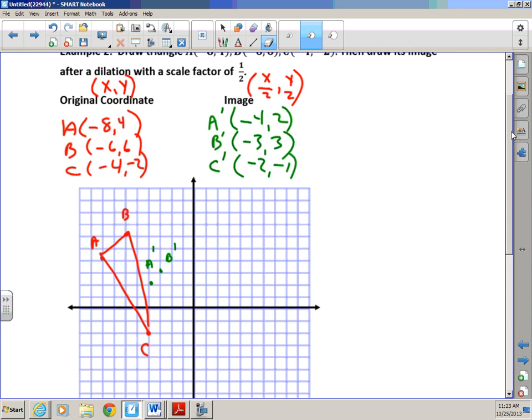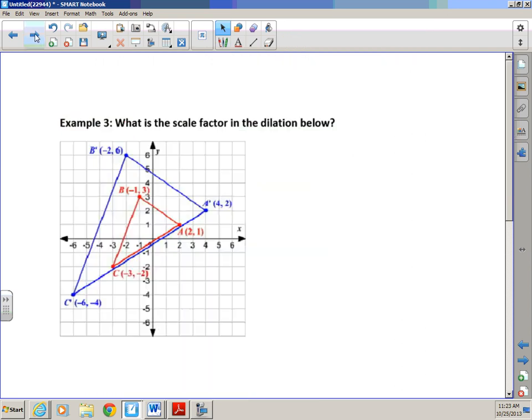Oh, a little too far down. And you're done. So let's go through the last 2 examples.